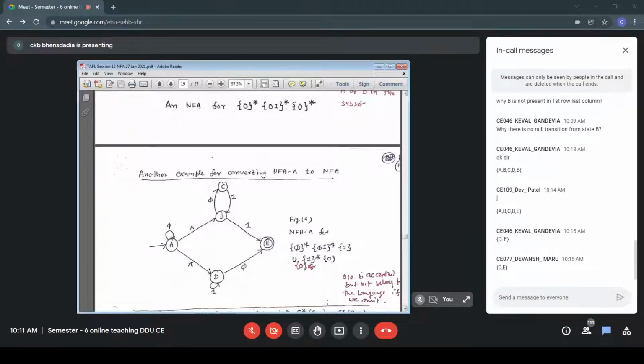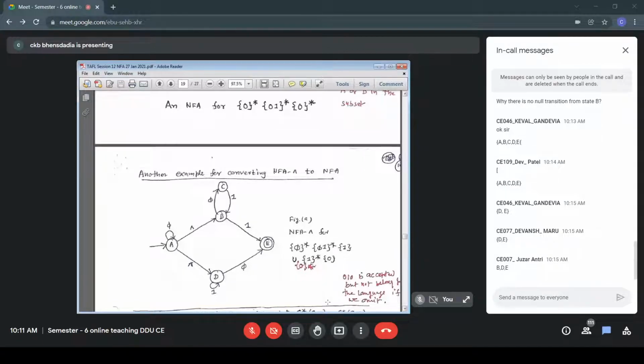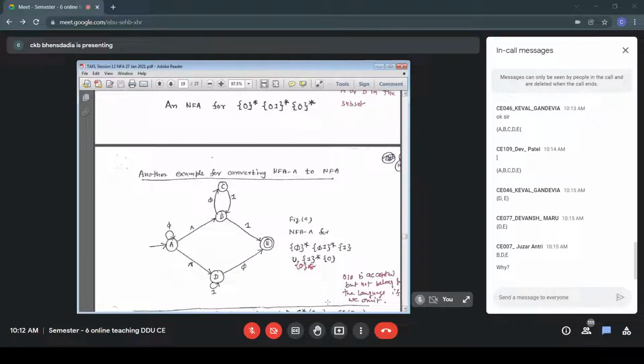So one of the answers is D, because we don't use 1. Make transition. Zuzar is saying B, D, E. Zuzar, B won't come in the answer. DE will be there, but not BDE, only DE. The answer is only DE.